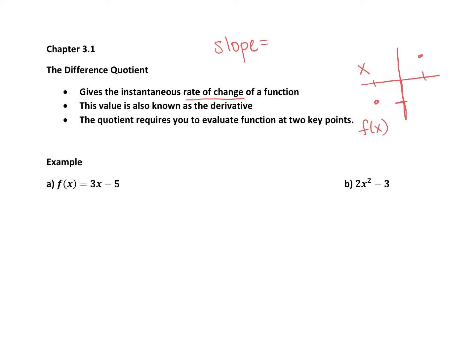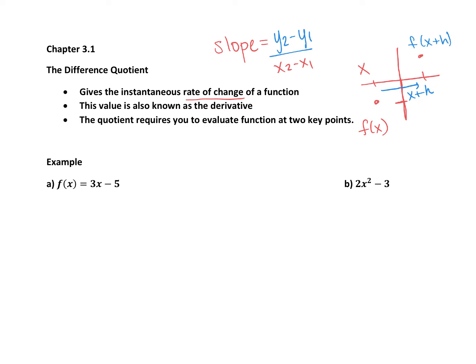Then we have a point here that we're going to move over by h. So this just becomes x plus h, and then the y value is now going to be f of whatever x plus h is. If we want to find the slope, then the slope is simply equal to y2 minus y1 over x2 minus x1.